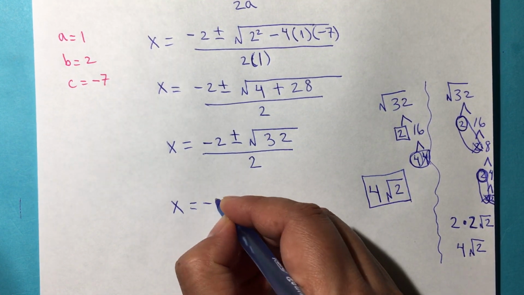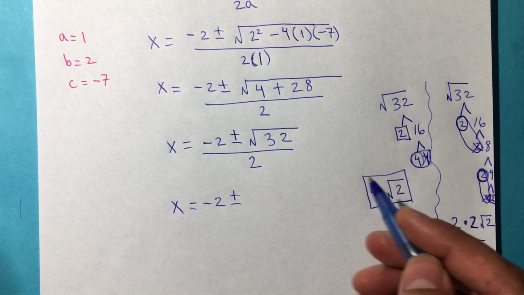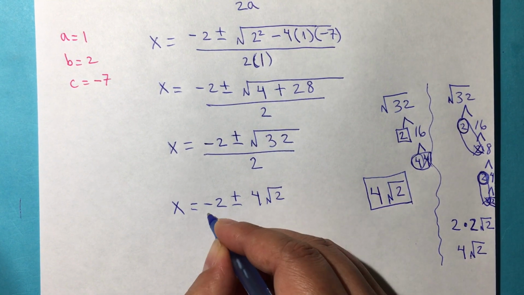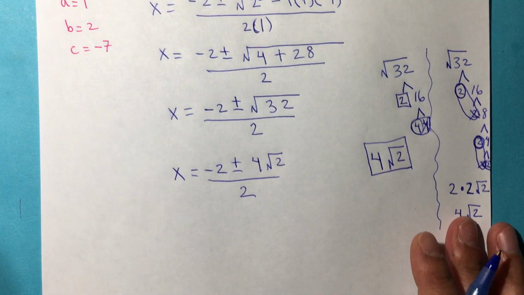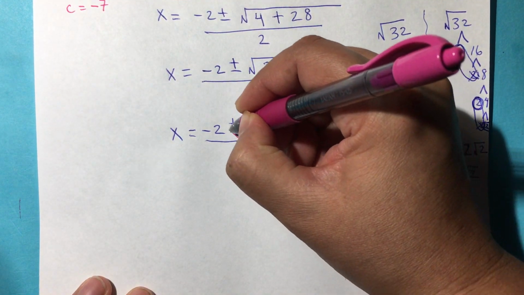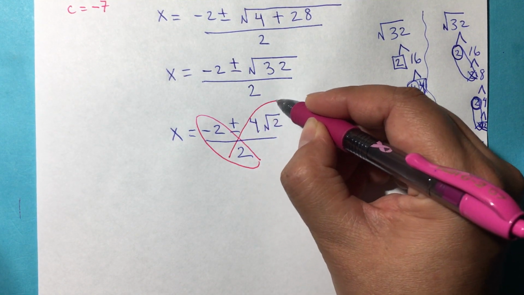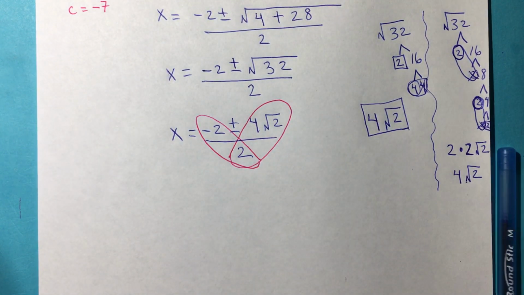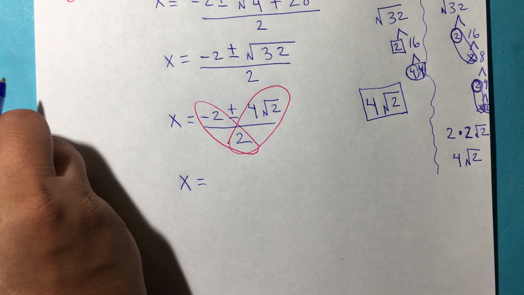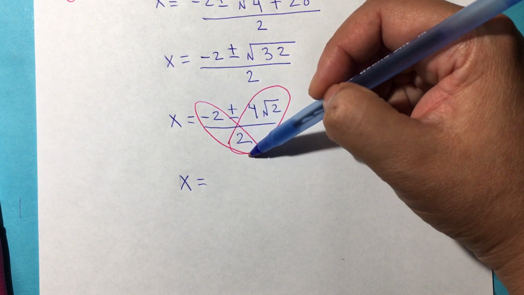So just bring down the rest and substitute square root of 32 with this simplified answer. 4 square root of 2 divided by 2. And then we are going to simplify each part. I call it the pretzel because it looks like a pretzel, and now I want to eat a salty pretzel. And then what this means is that you're going to simplify this part first.